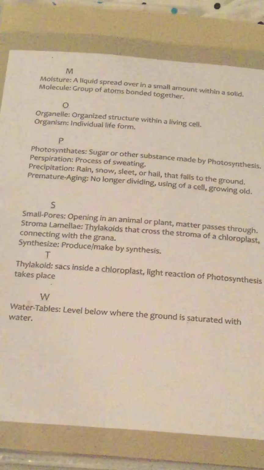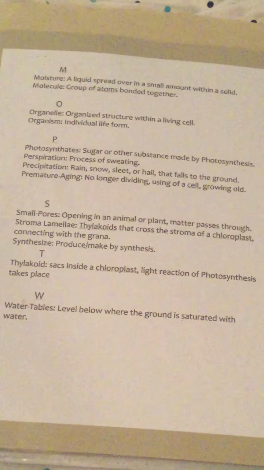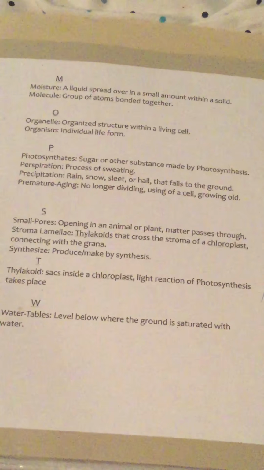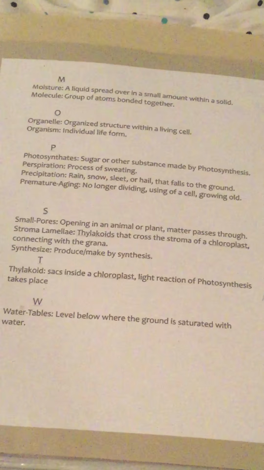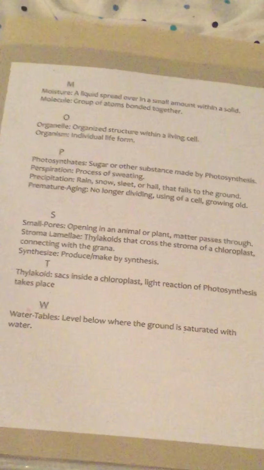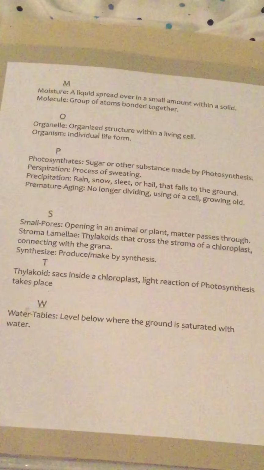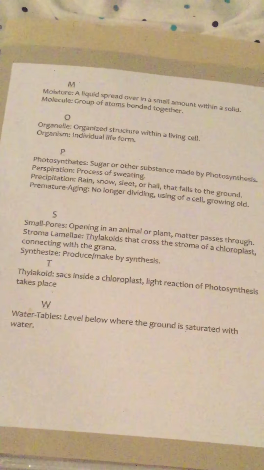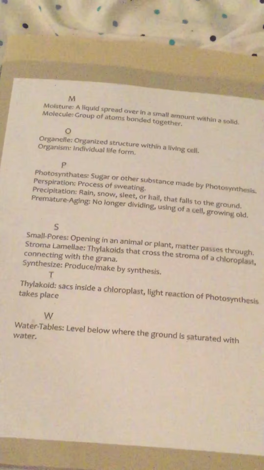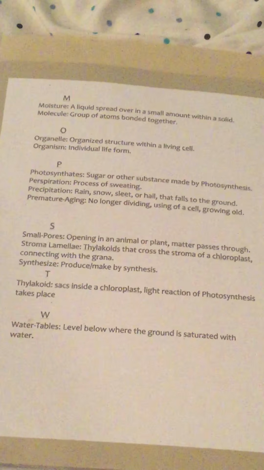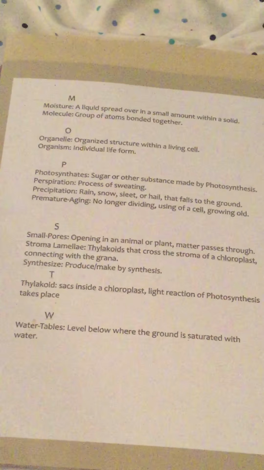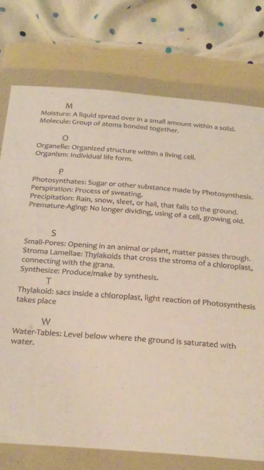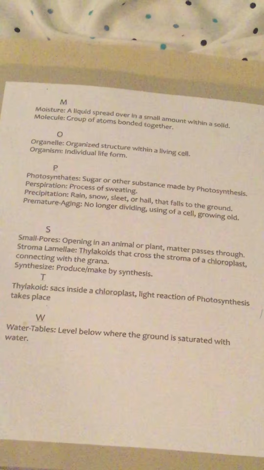Molecule: group of atoms bonded together. Organelle: organized structure within a living cell. Organism: individual life forms. Photosynthate: sugar or other substance made by photosynthesis. Perspiration: process of sweating. Precipitation: rain, snow, sleet, or hail that falls to the ground. Premature aging: no longer dividing, using of a cell, growing old.